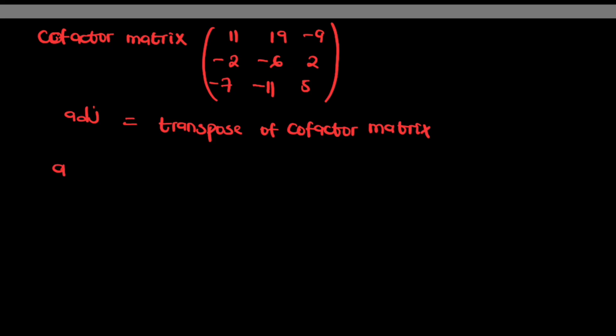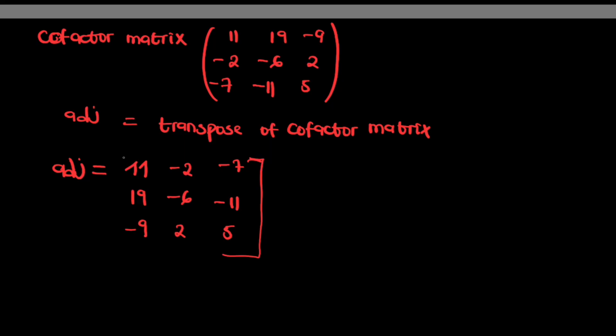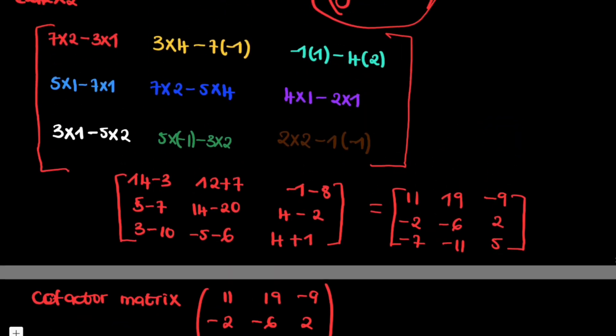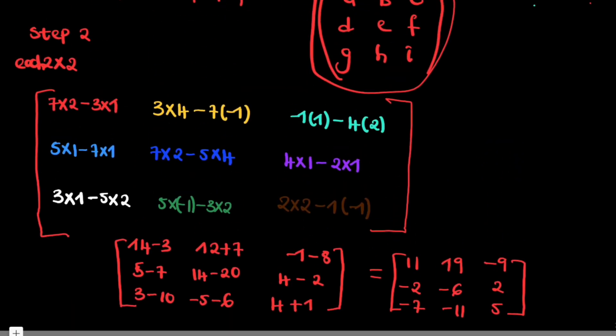So the adjoint now is a transpose of that matrix, which is the row becomes the column. Now that is the adjoint of a 3 by 3 matrix. That is finally the adjoint of a 3 by 3 matrix.